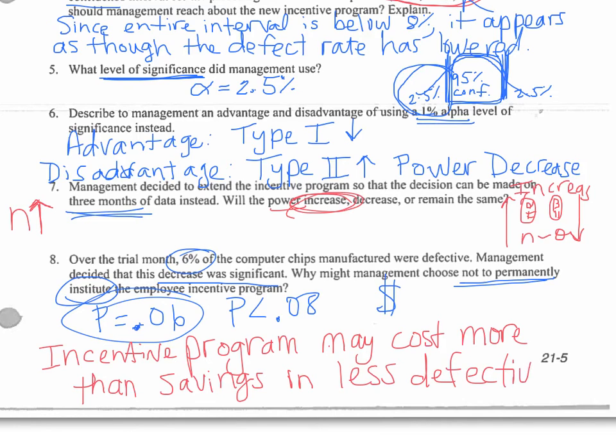You know, maybe, sure, they're making less defective chips, it's just 2%, but the toasters or the vacations or the whatever it is that they're doing for incentives is costing them much more. All right, so that is your Chapter 21 warm-up key.